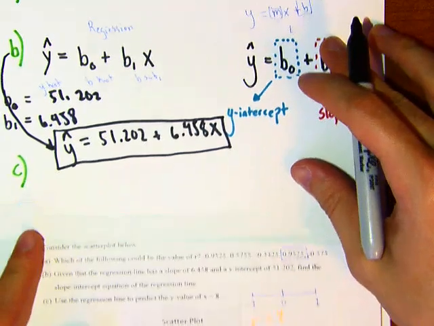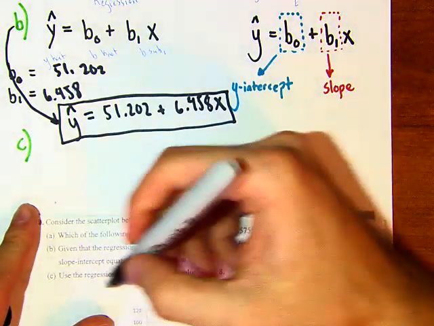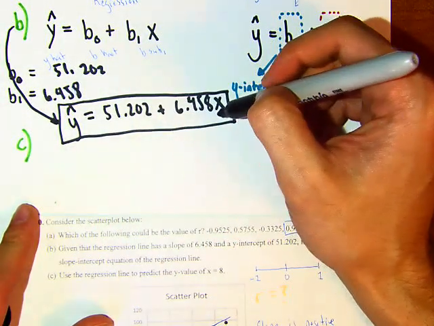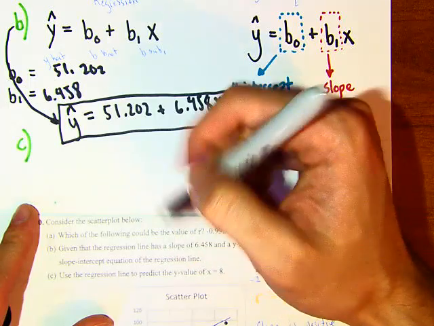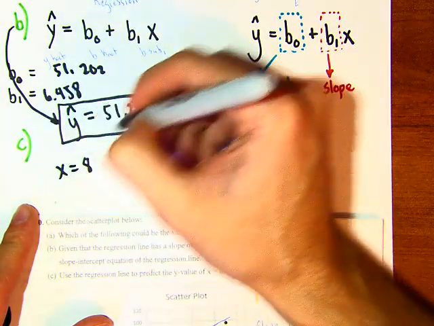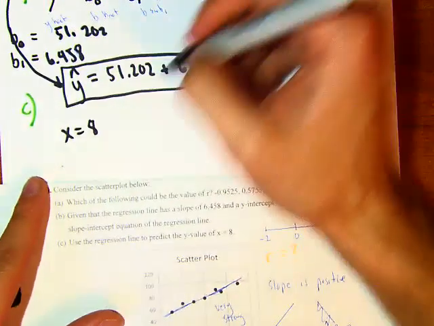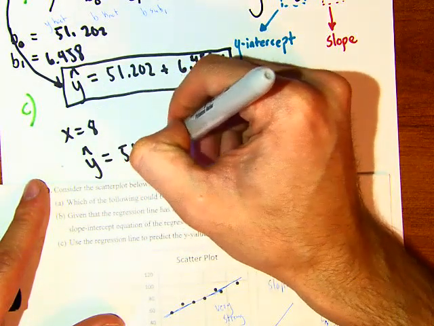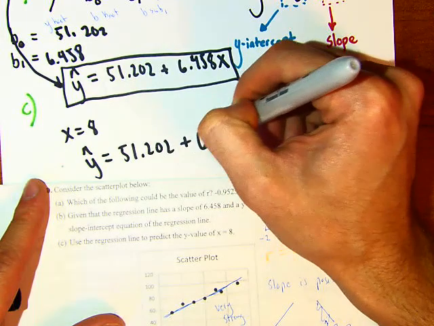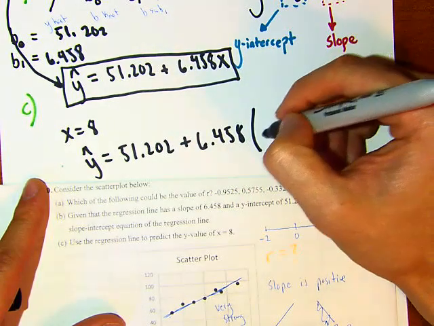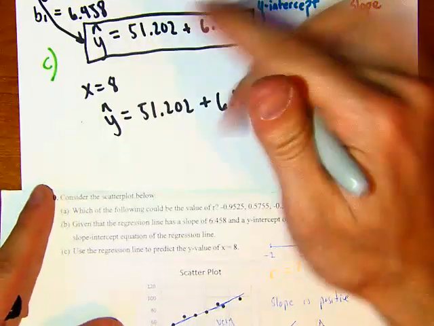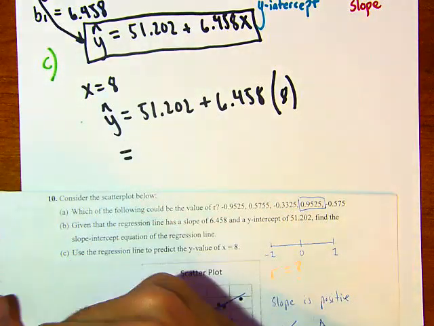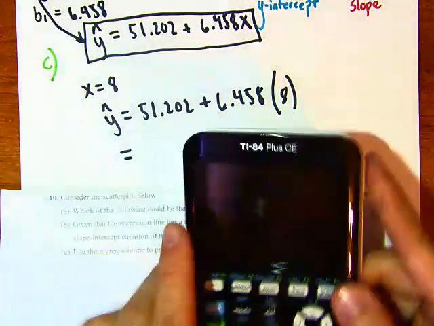For part C, it's saying use what you have in part B to predict the value at x equals 8. So if x equals 8, you just have to plug in x equals 8 in here, and you get y hat equals 51.202 plus 6.458 times 8. I didn't get a chance to put this into the calculator, so let me do that right now.